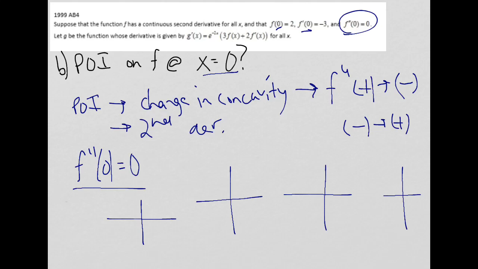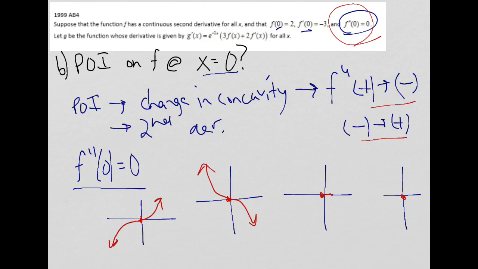So I could have f double prime go like this. Doesn't matter if it's curvy or not. I could have f double prime go like this. And that would fit this, right? And in these 2 cases, I would have a change in concavity because the second derivative clearly changes from positive to negative or negative to positive.